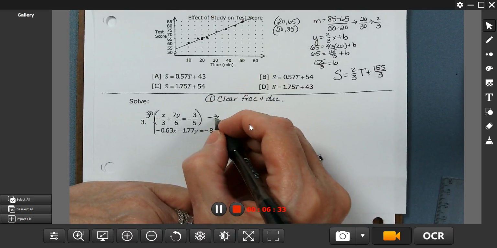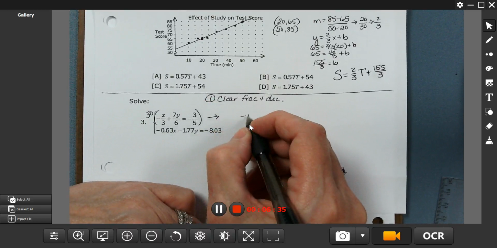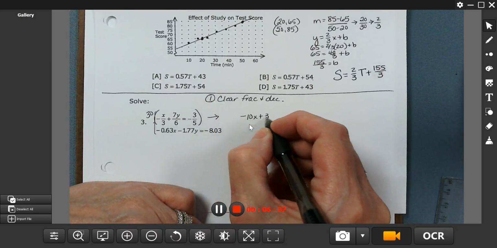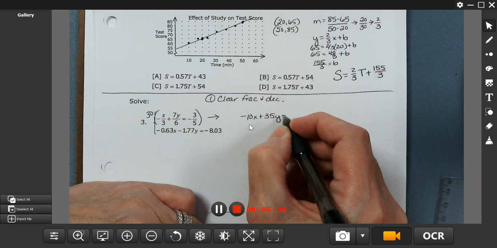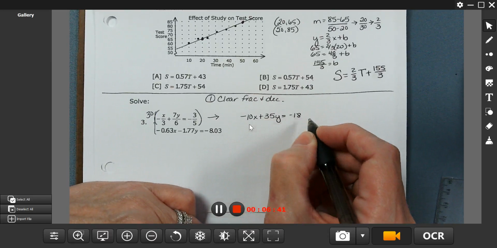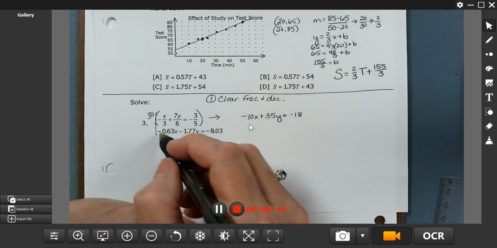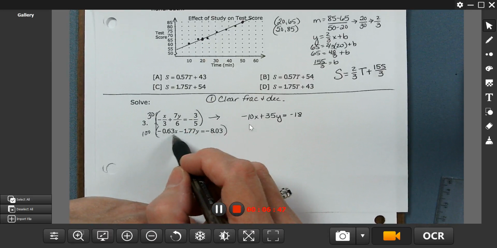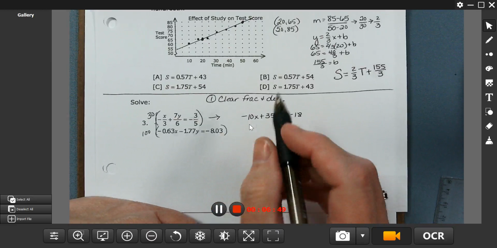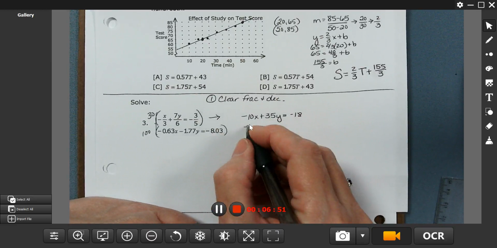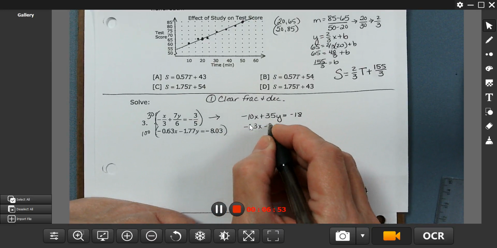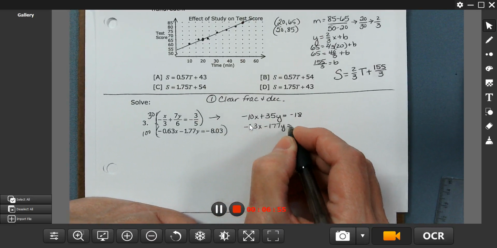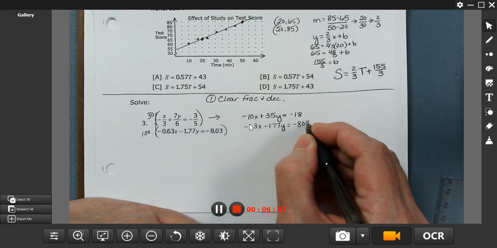And that's going to give us negative 10x plus 35y equal to negative 18. On this one here, we're going to multiply by 100, which will allow us to move the decimals 2 places to the right. And I'll get negative 63x minus 177y equals negative 803.